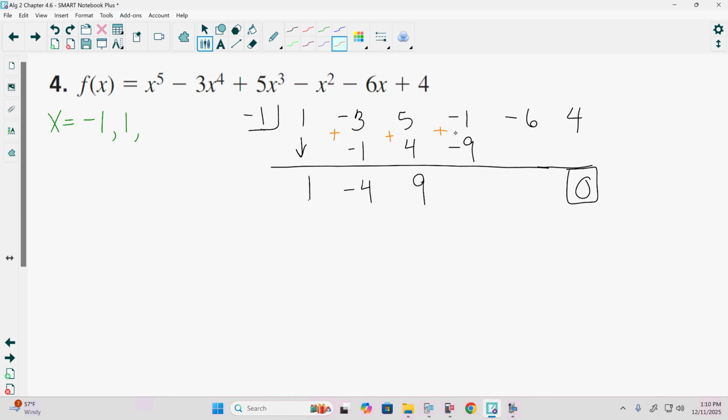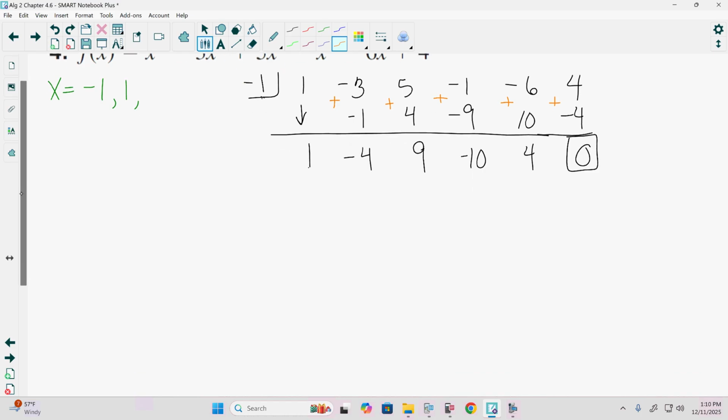And -1 plus -9 is -10. -1 times -10 is going to be +10. -6 plus 10 is 4. And lastly, -1 times 4 is -4, and 4 plus -4 is indeed 0.